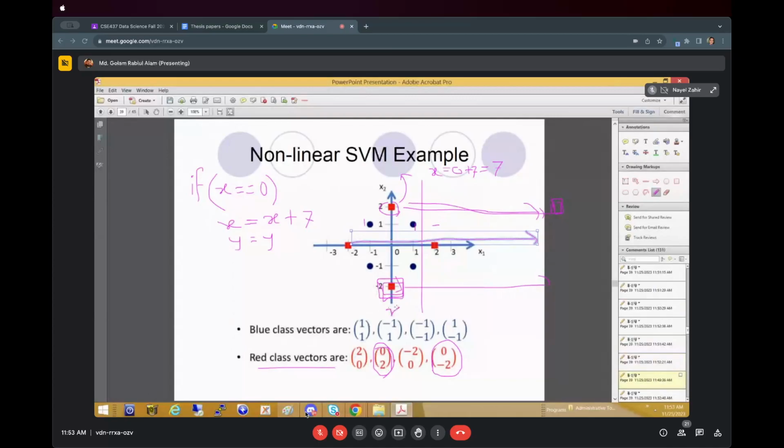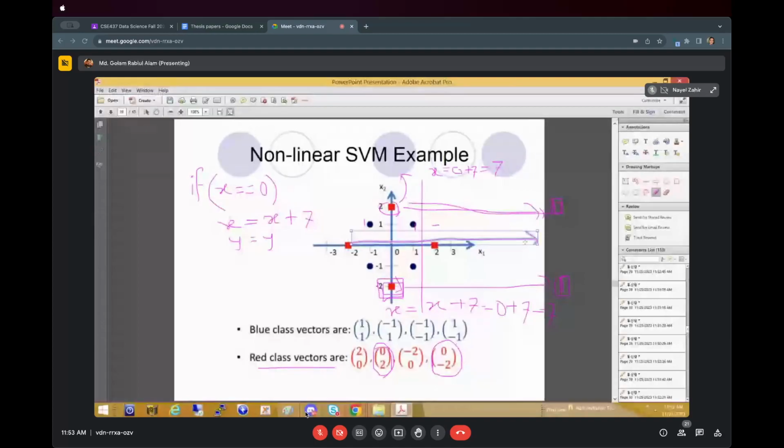So x will be x plus 7. x is 0 in this case, 0 plus 7 is 7. So you can see here it is 7, and this point also we will get here. And now we can see that these 2 points we have already shifted to the right side.